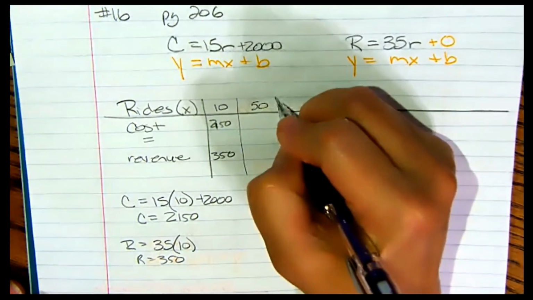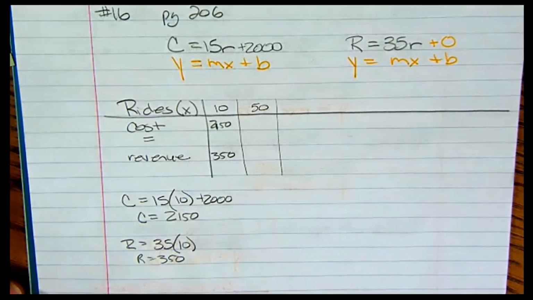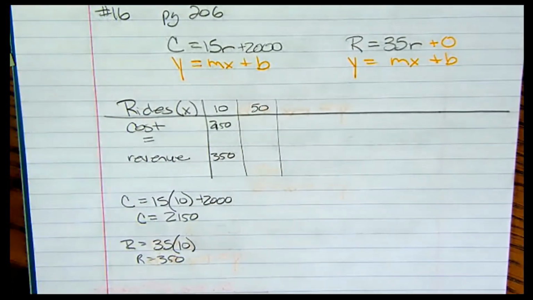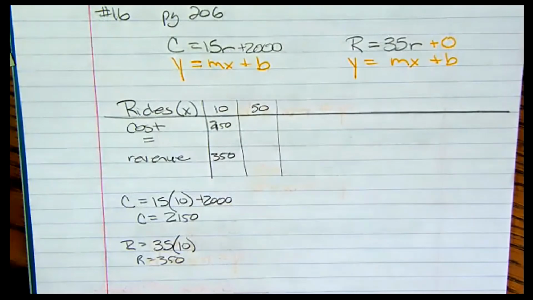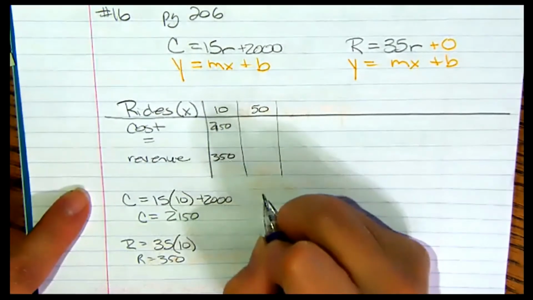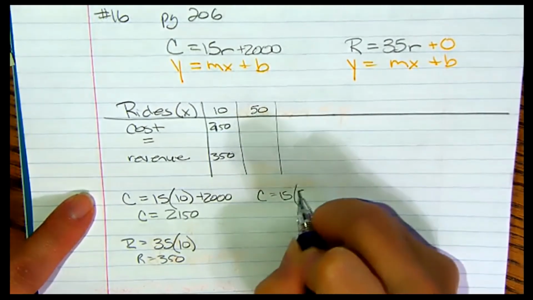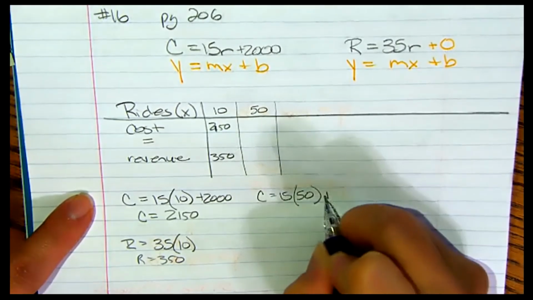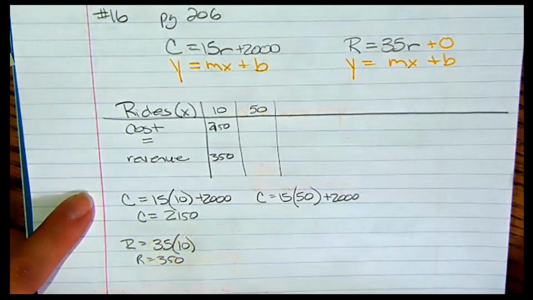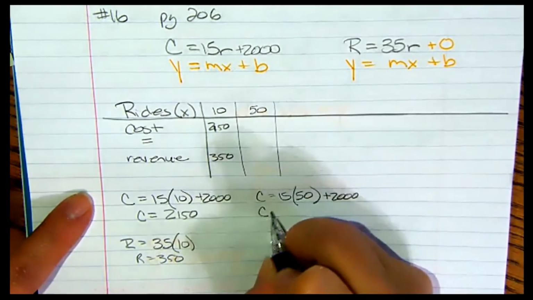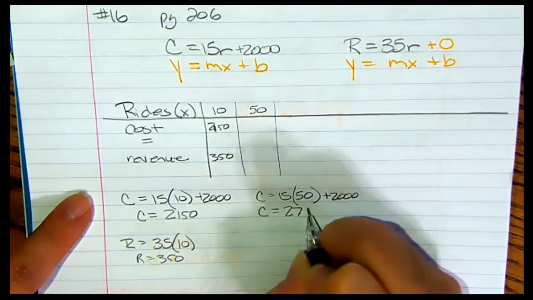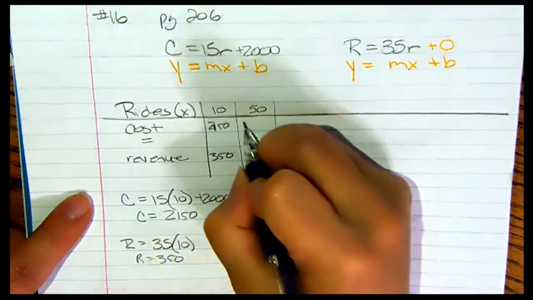Where are we at for 50 rides? And then we'll decide if we need to do more rides or fewer rides. So the cost is equal to $15 times 50 rides plus the 2,000. My cost is equal to 2,750.